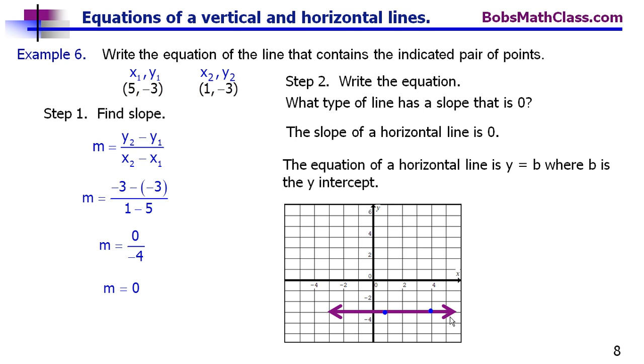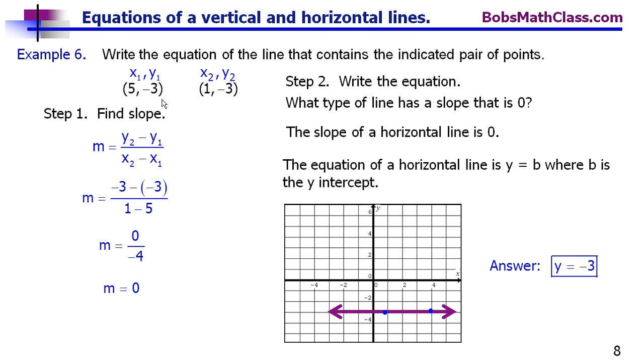You can still see that the line that goes through these 2 points is going to be a horizontal line. And where does it cross the y-axis? Right, at y equals -3.